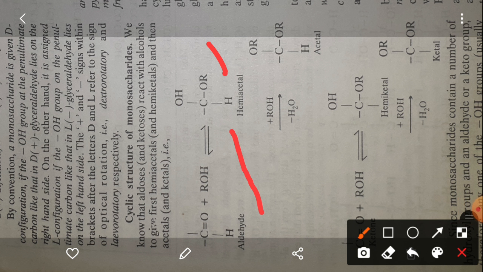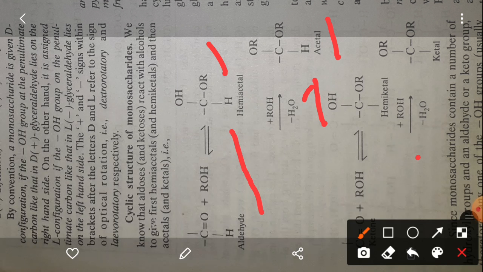What is hemiacetal? Hemiacetal is the compound in which hydroxy and alkoxy, that is OH and OR, are present on the same carbon atom. Then it is called a hemiacetal. And if we react this hemiacetal further with alcohol, that OH is replaced by OR. Now the carbon contains two alkoxy groups, then it is called an acetal.